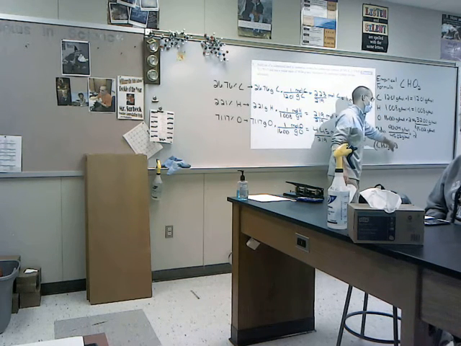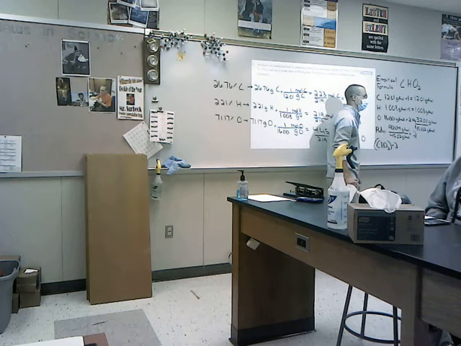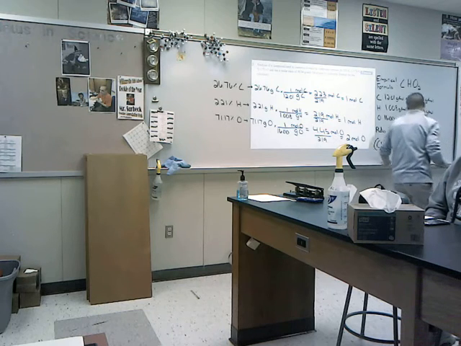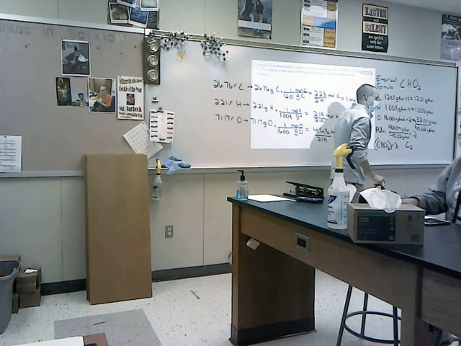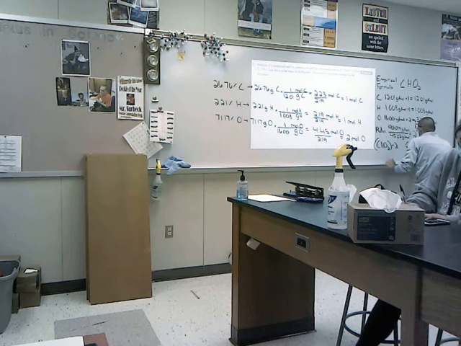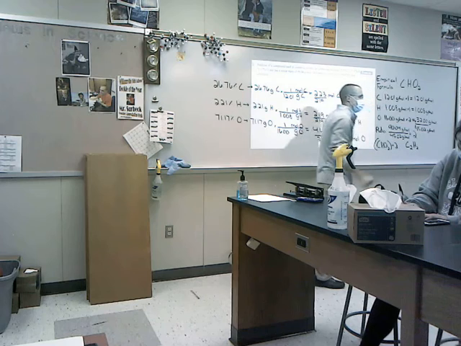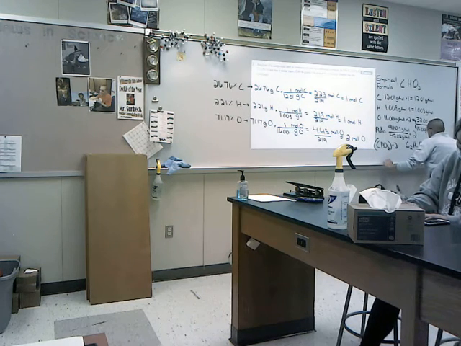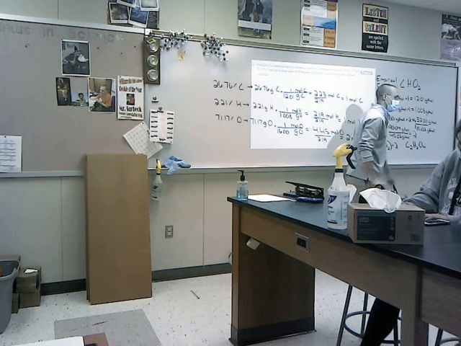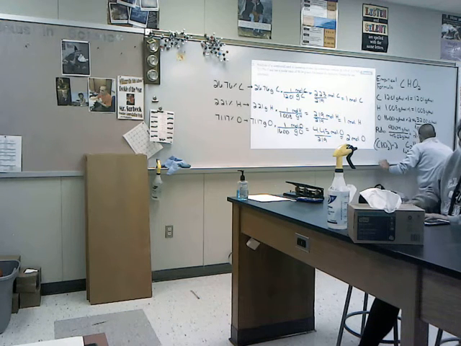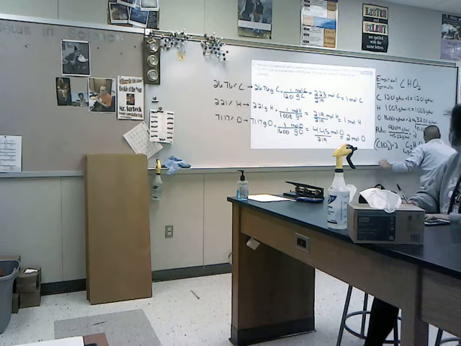So now, carbon times 2 means we have how many carbons? Yep, so our first part here is C2. H times 2 means we have how many H's? H2. And then our O2 times 2 becomes what? 4. So C2H2O4 becomes our molecular formula.